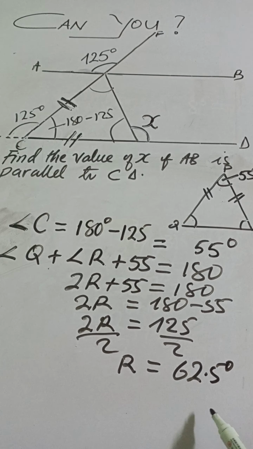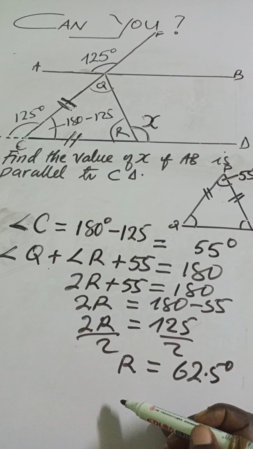This angle here is 62.5 degrees, and this angle automatically is also 62.5 degrees, so that when we sum all of them, it will give us 180 degrees. Now remember, this R is like this angle here. This is your R, and this one is your Q. We know this angle is 62.5 degrees.